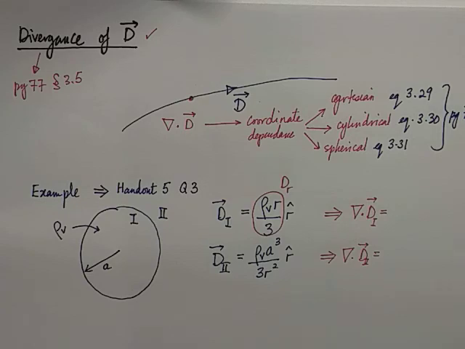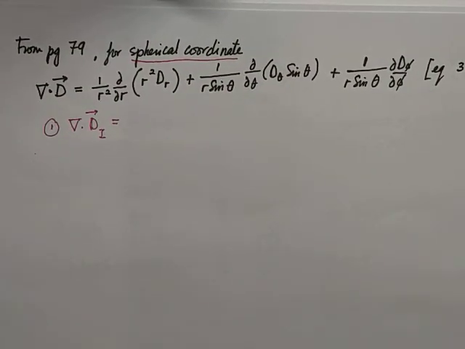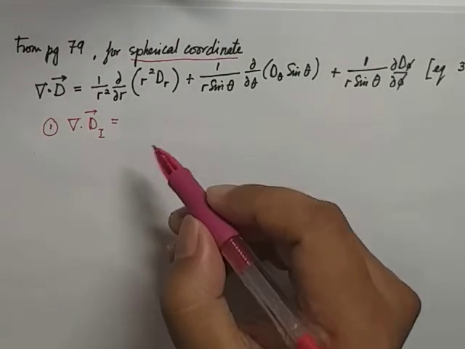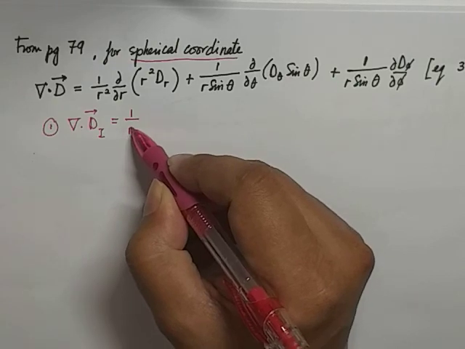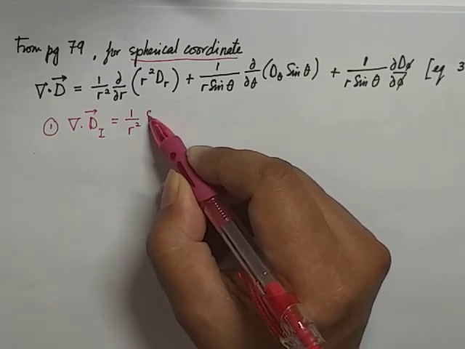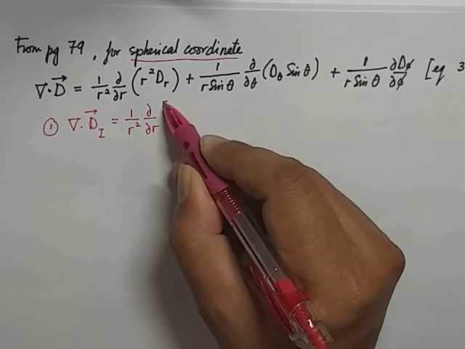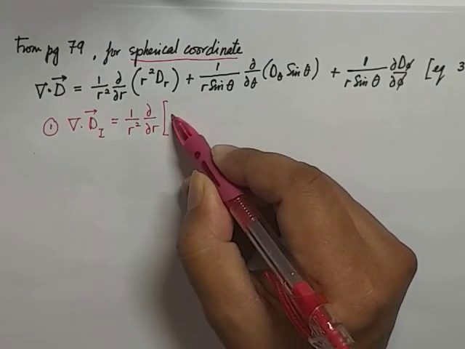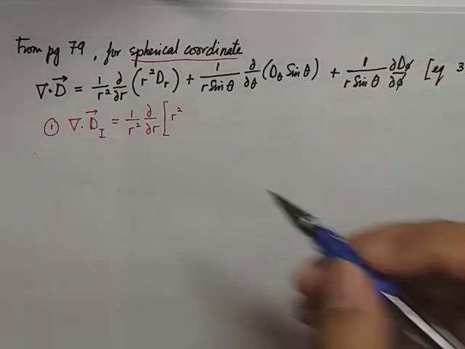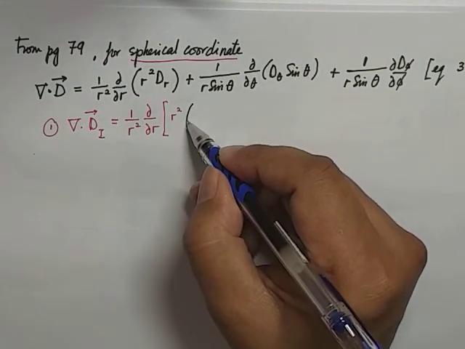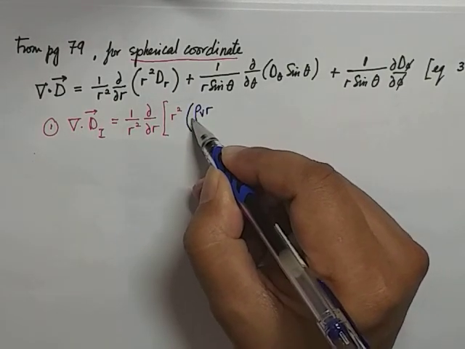Referring to the equation, when I substitute, I have to substitute the magnitude of D. We know that D1 only contains the Dr component, which I'm writing now, which is rho v r over 3.